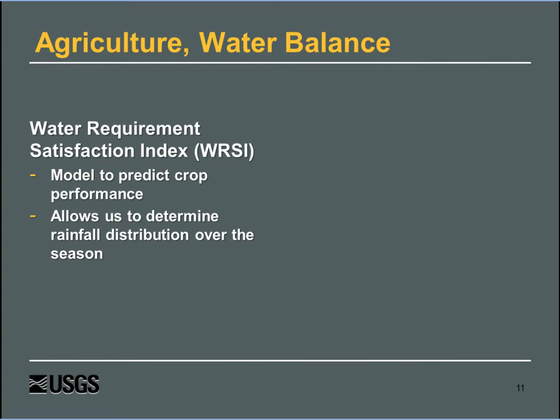The first part of the presentation just looks at the rainfall, but it doesn't matter if the rainfall falls in a single month and the rest of the months are dry. Now we're going to see how the rainfall is distributed during the season, and that's why we use the WRSI, and that helps us predict the crop performance during the season.